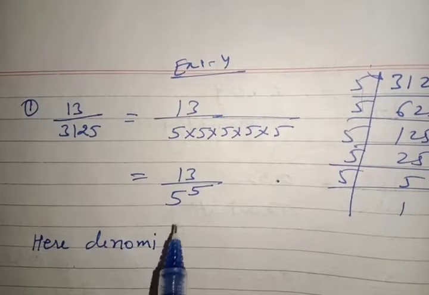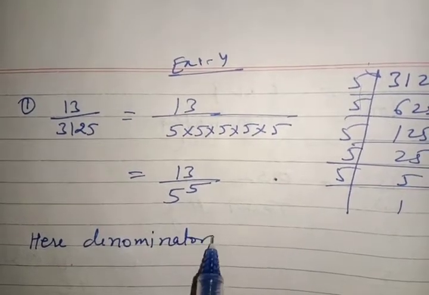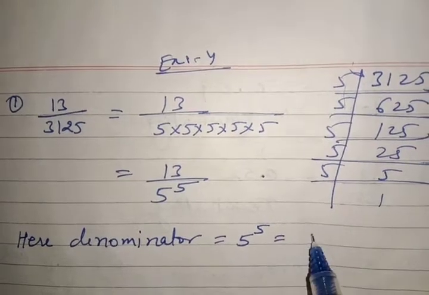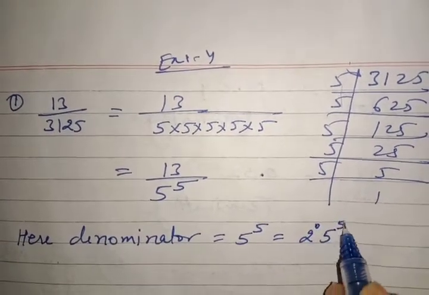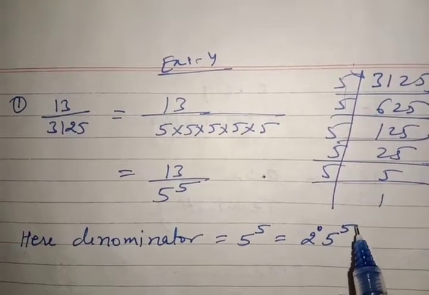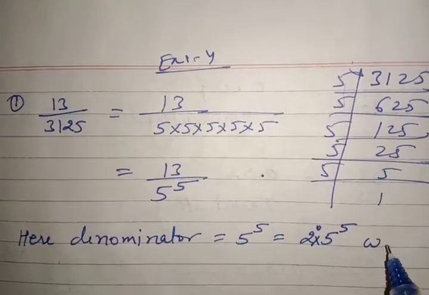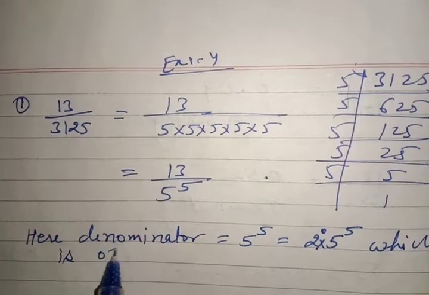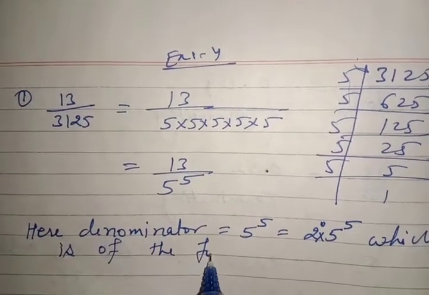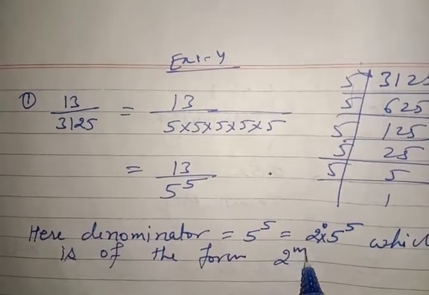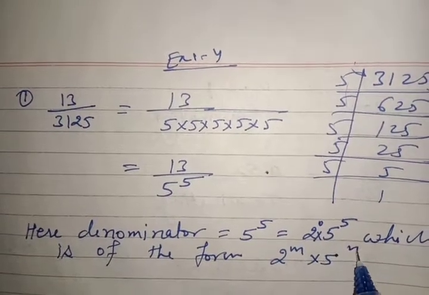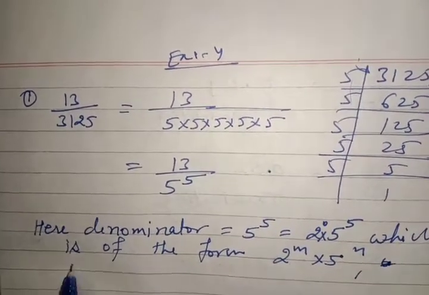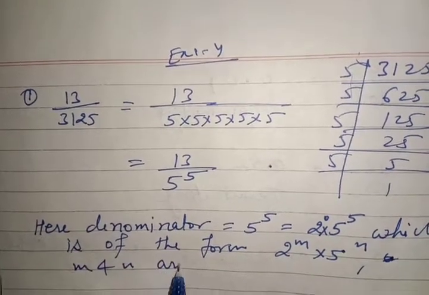So be careful while preparing for your board exam. 5 to the power 5 can be written as 2 power 0, 5 power 5, which is of the form 2 power m and 5 power n, where m and n are integers.